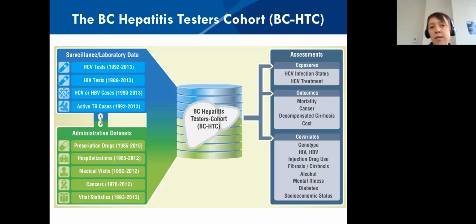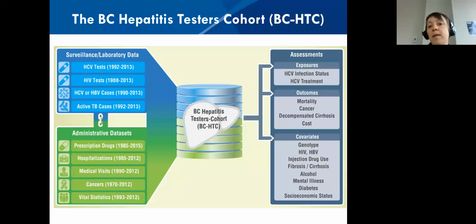All those cases have been linked to their healthcare data, their administrative data sets, which include prescription drug data, hospitalization data, medical visits, cancer data, and also death. That allows us to get a pretty good picture of that cohort and follow them.